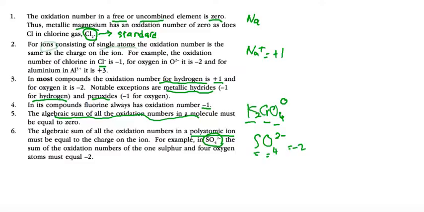For example, let's say dichromate, sorry, I missed that out. Cr2O7 2-, actually CrO4 is also possible.